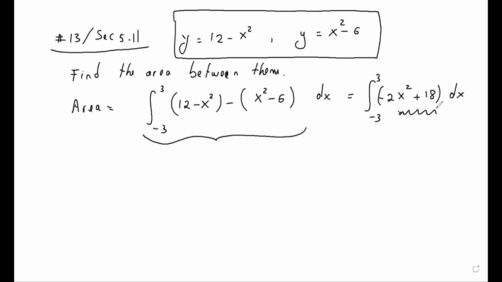That's the one that we evaluate because it's the simplified version of that. So we're going to look at the integral. So we evaluate negative 2x squared plus 18 dx. This is, folks, an antiderivative, and it's as easy as saying, well, the antiderivative of negative 2x squared is negative 2/3 x cubed, and the antiderivative of 18 is 18x.